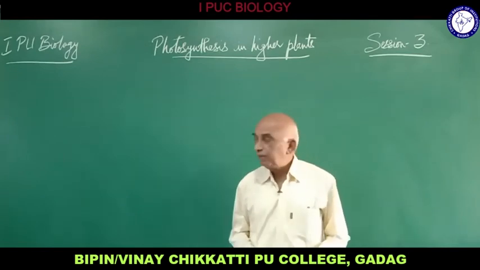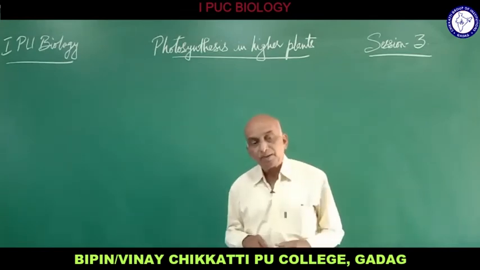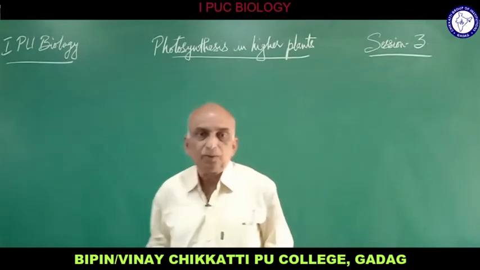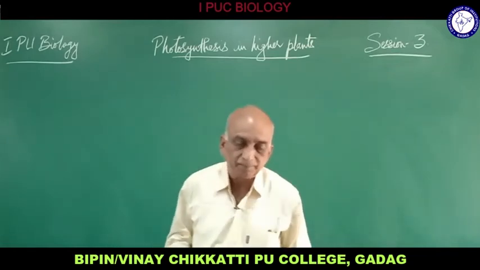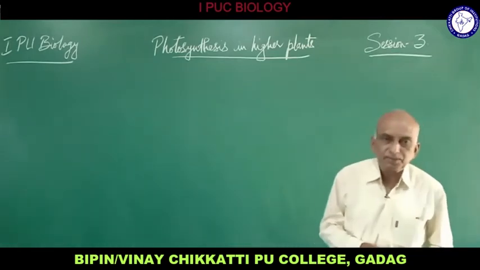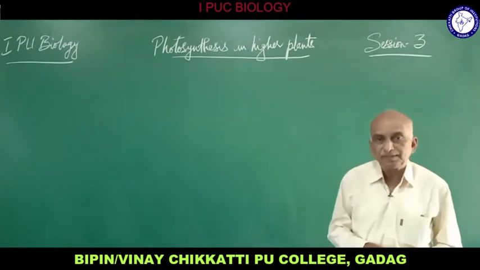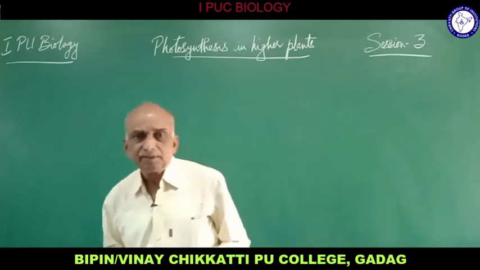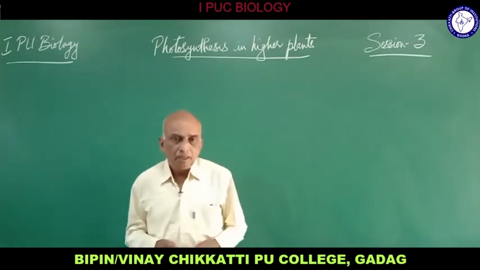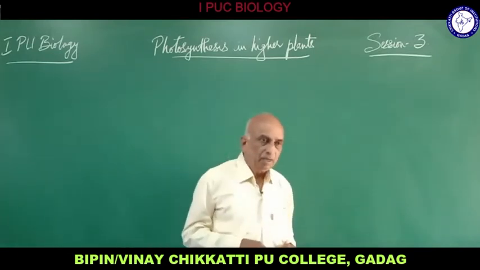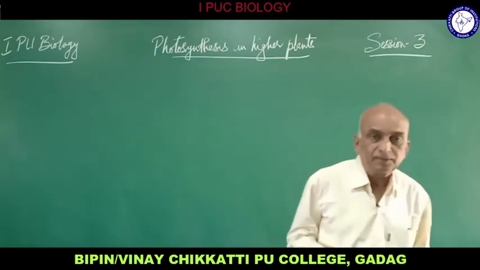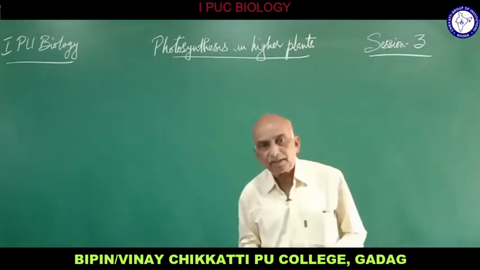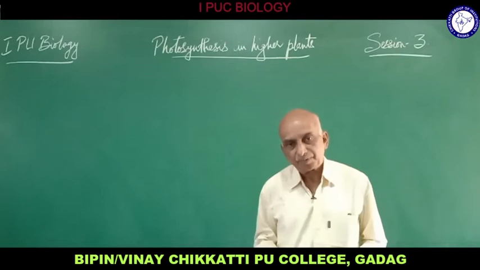Now in cyclic, what we have studied is that PS1 is involved in the cyclic photophosphorylation. When PS1 alone is involved, the electrons from PS1 are received by ferredoxin and ferredoxin reducing substance, FRS.